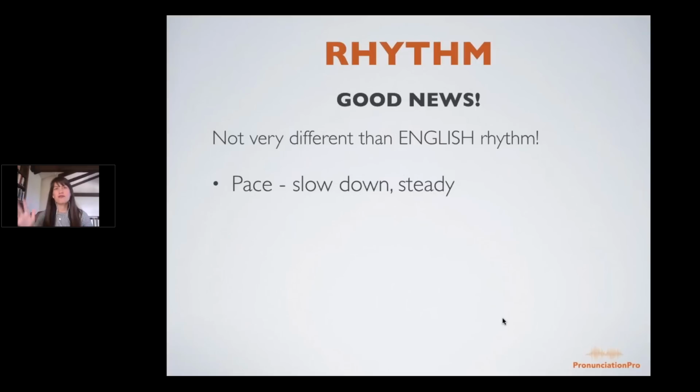And I know there's variety of where you are in the US and who's speaking English and where you are in Spanish-speaking countries and the pace that's used there. But in general, pace is important. Slow it down, not just because it's going to be easier for you to use the sounds of English when you're speaking slower, but also because just the general rhythm is slower. So definitely keep that pace a little bit slower and practice that.